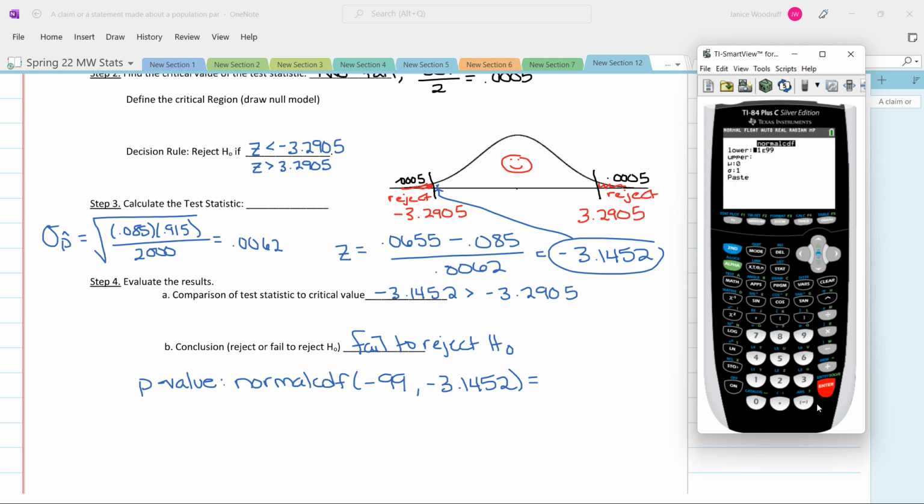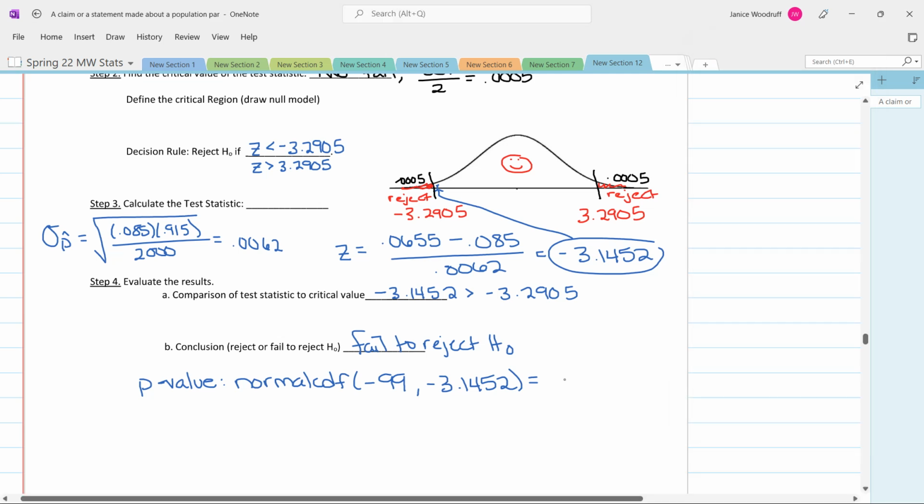So normal CDF, negative 99, negative 3.1452. That's 8.3 times 10 to the negative 4, which means this goes 1, 2, 3, 4. So 0.00083, that's your p.